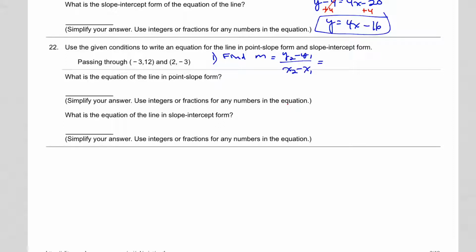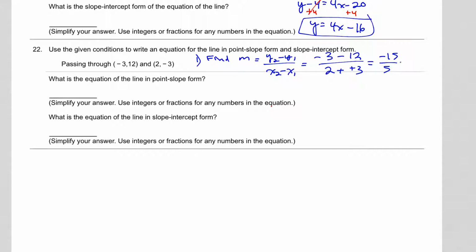And that's going to give us -3 minus 12 and 2 minus -3, which the bottom becomes plus. We got -15 over 5, which becomes -3.